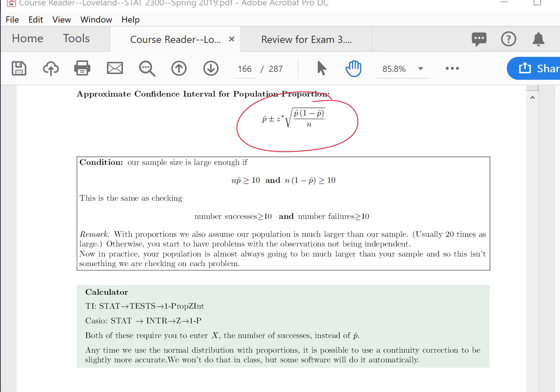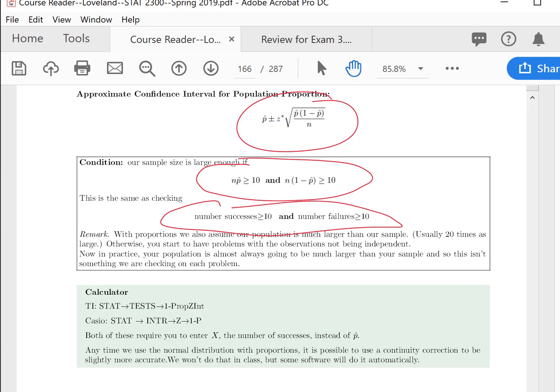To use our calculator, we first need to check that our sample size is large enough. We can check that with our sample proportion if that's what we're given, or with our number of successes and number of failures. Once you've checked that, all you have to do is put it into your calculator. If you have the TI, you would go to Stat, Test, and look for 1 proportion z interval.